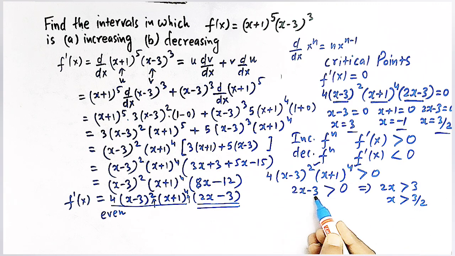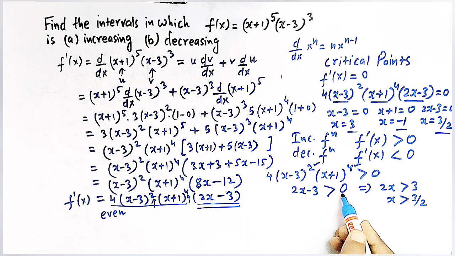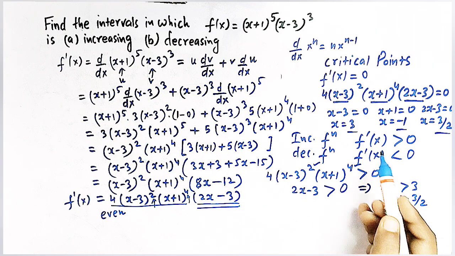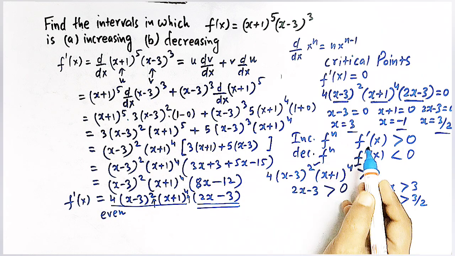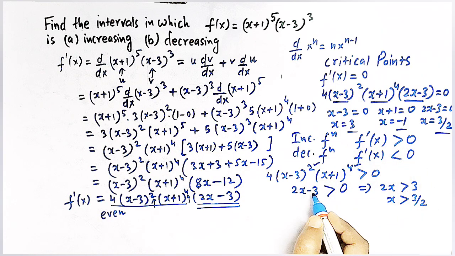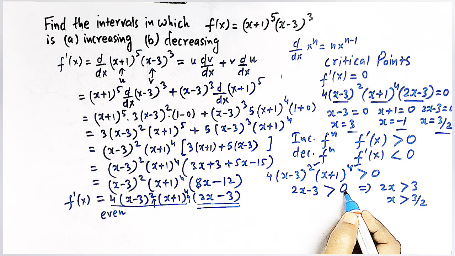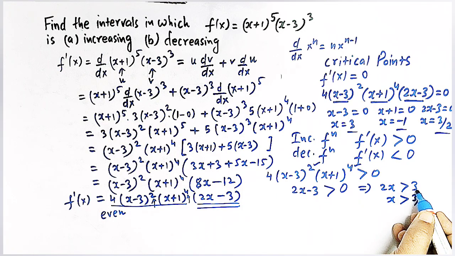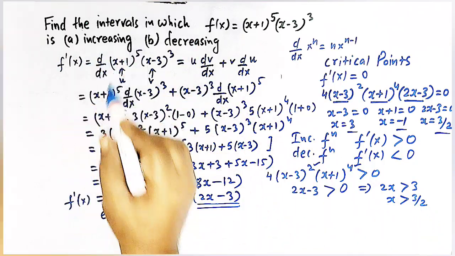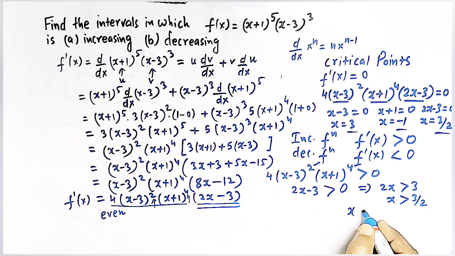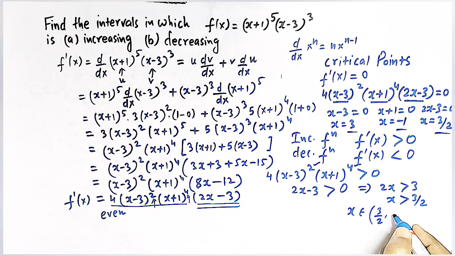Okay, and here 2x - 3 must be greater than 0 in order to have f'(x) greater than 0. So f'(x) is greater than 0 only when 2x - 3 is greater than 0, that is 2x is greater than 3, x is greater than 3/2.